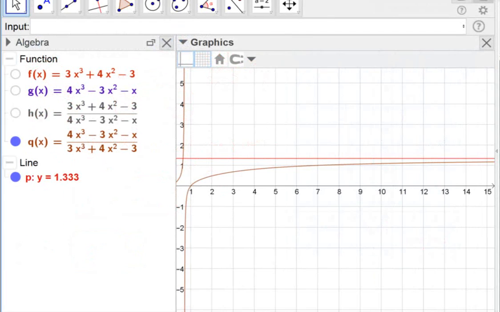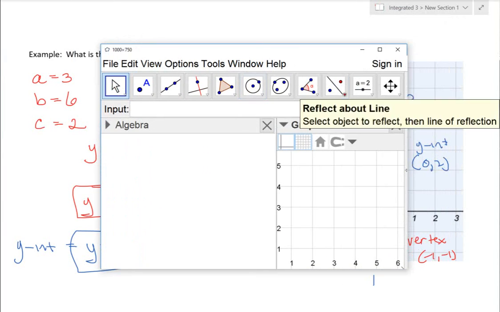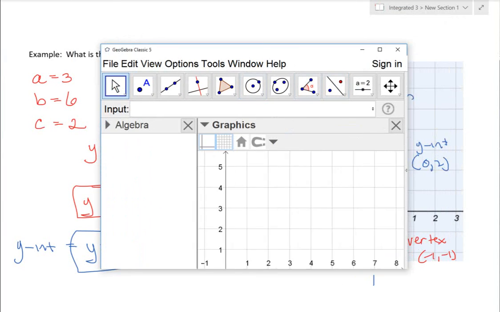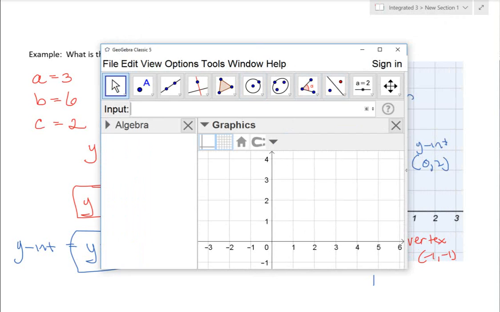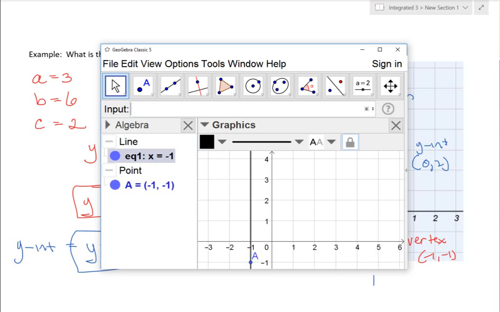I like, and obviously you guys don't have it right now, I like using the computer because I can just demonstrate that with the computer real quick. We can say, negative 1, we can type that in and it locates it. We said our axis of symmetry was x equals negative 1, puts that in there for us. We can say that our y-intercept was 0, 2, puts that in.